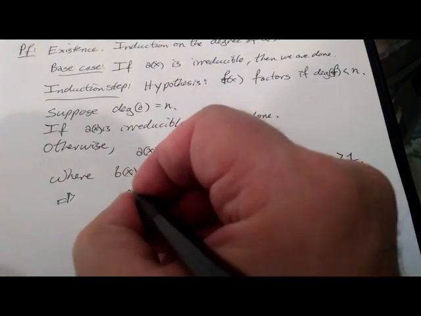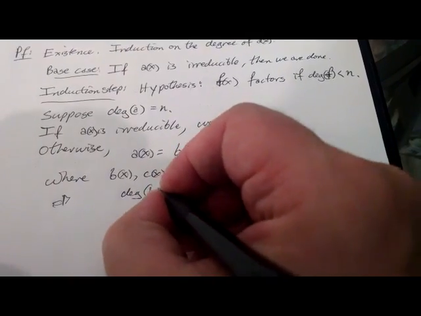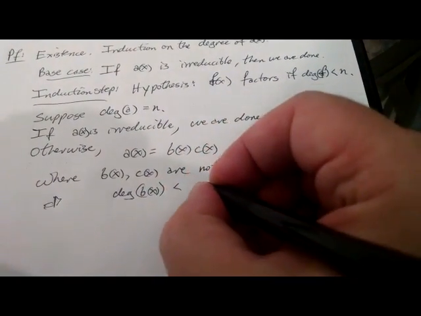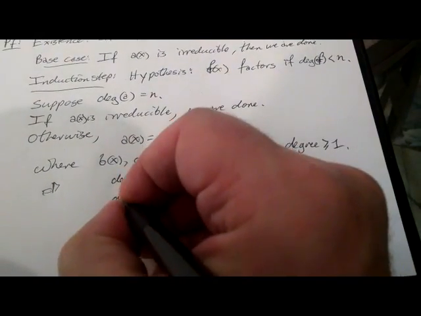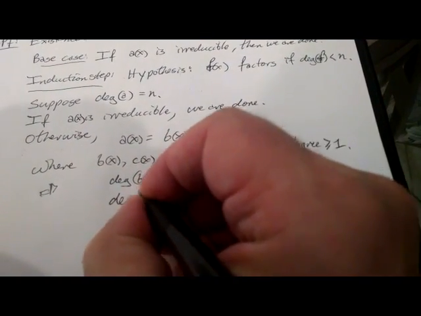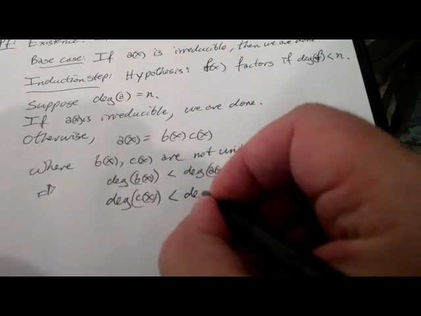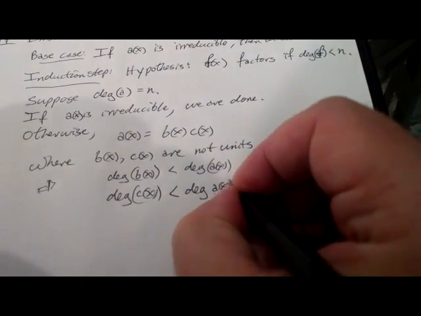And that means that the degree of b of x is less than the degree of a of x, and the degree of c of x is less than the degree of a of x.